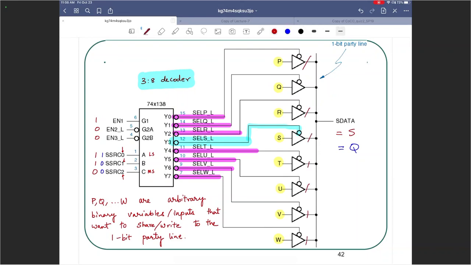The decoder is going to take care of it. Does S data read Q or 1? Well, it depends on what Q is. So these are all variables, right? P, Q, R, S all the way to W, these are all variables. They could be 1, they could be 0.